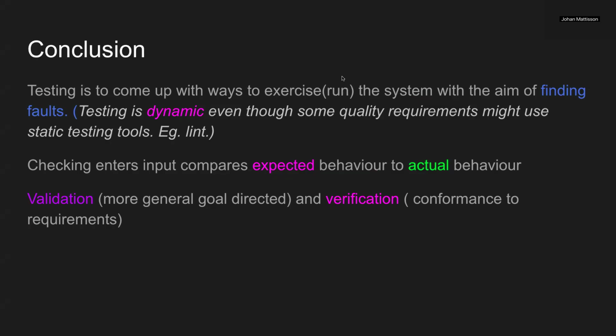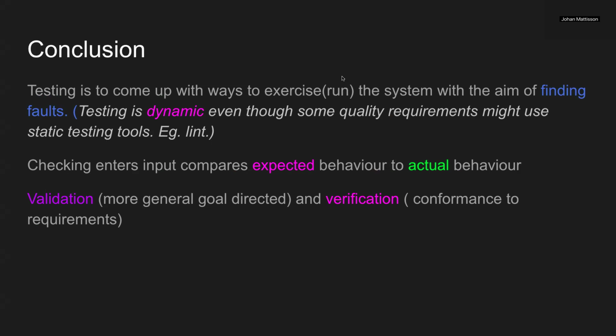So checking enters input and compares expected behavior to actual behavior. Validation is the more general goal, and verification is conformance to requirements. So validation has higher, loftier goals, basically. A bit more fuzzy.